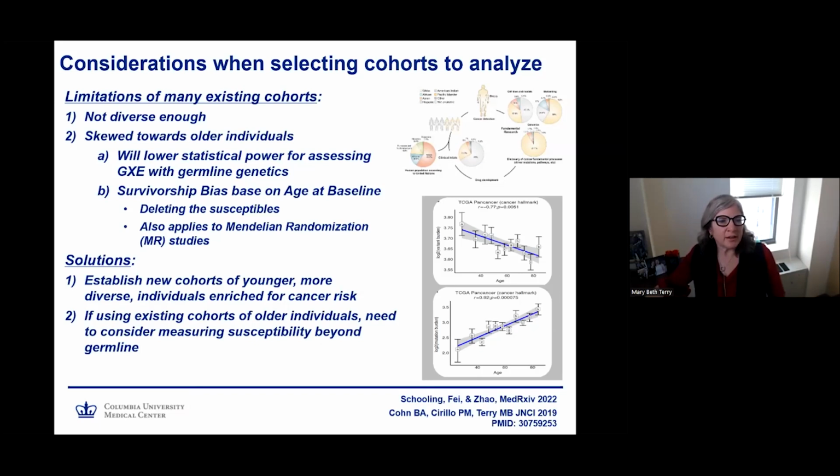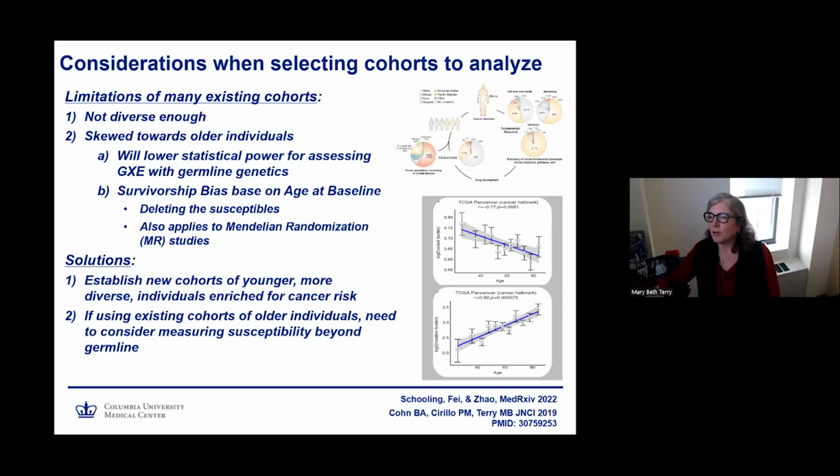In selecting cohorts to analyze, we do need to think about some of the limitations of many of the existing cohorts. First and foremost, many of the existing cohorts around the world are not diverse enough. They're definitely skewed towards older individuals, where most cancer is diagnosed.